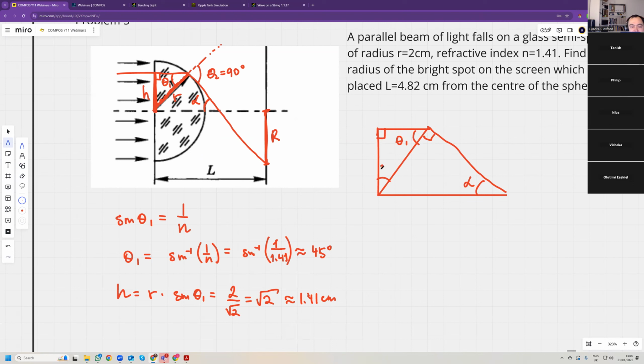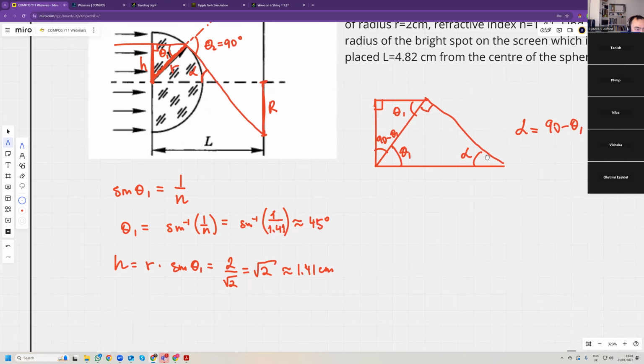So this must be 90 minus theta 1. Oh, no, sorry. That's theta 1. That's theta 1. And this is theta 1. Sorry, that's theta 1. So this must be alpha. So alpha is 90 minus theta 1.